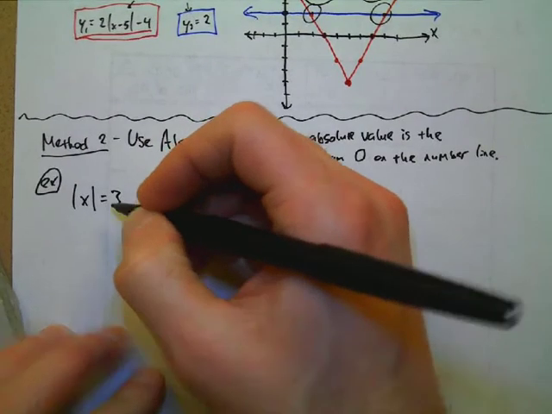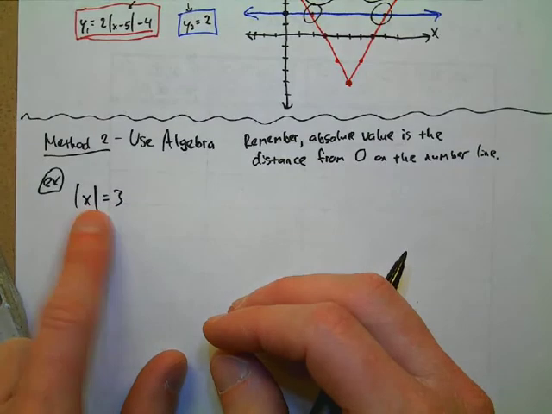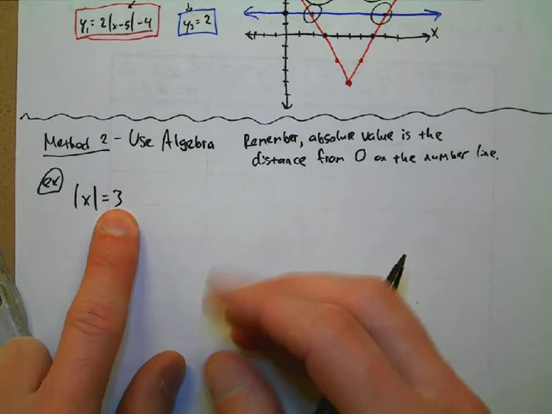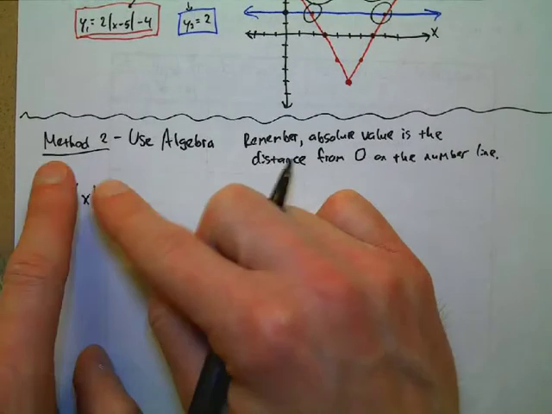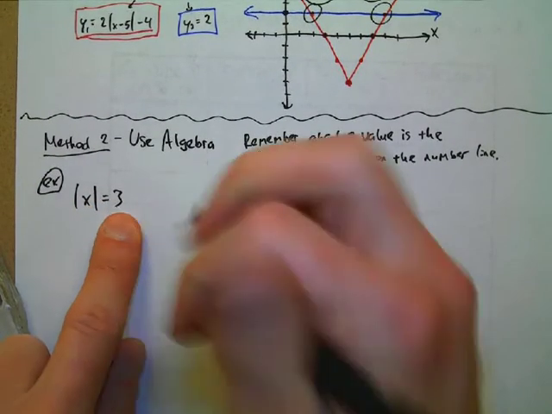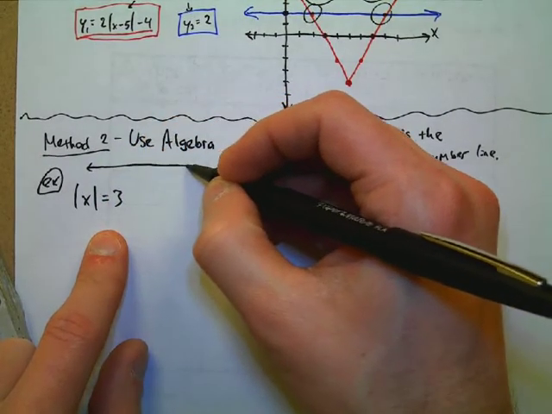So for example, let me just show you a simple absolute value equation. Absolute value of x equals 3, which means we want the distance of the thing inside to be 3 units away from 0. So if I go on my number line here, I'll just draw a little one, and put a 0.